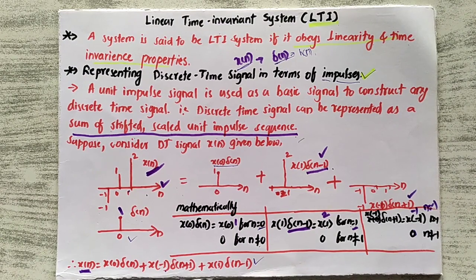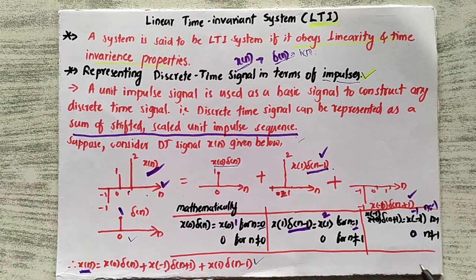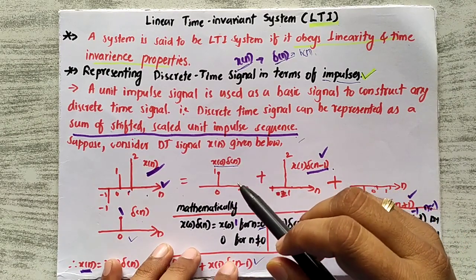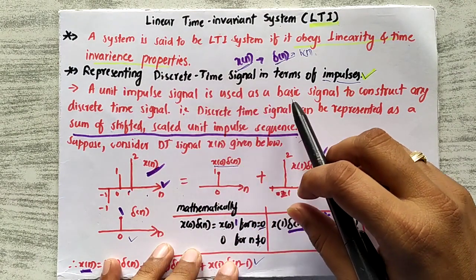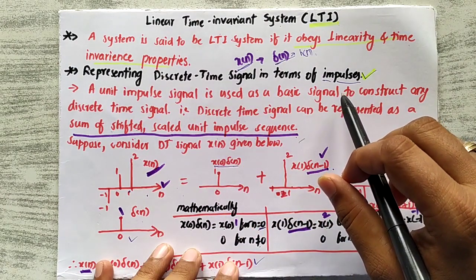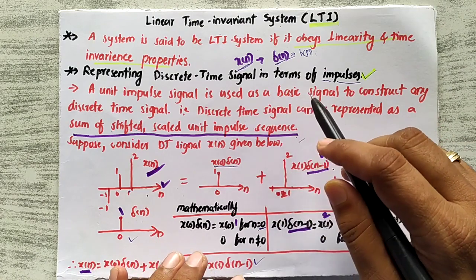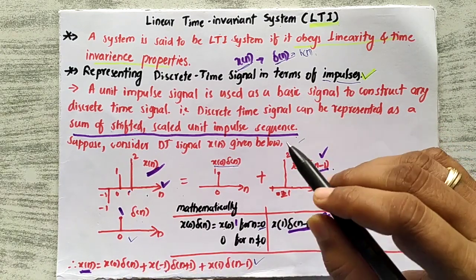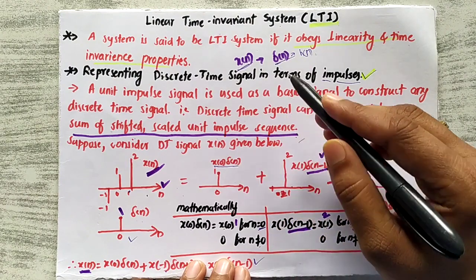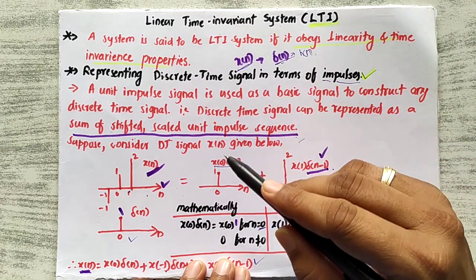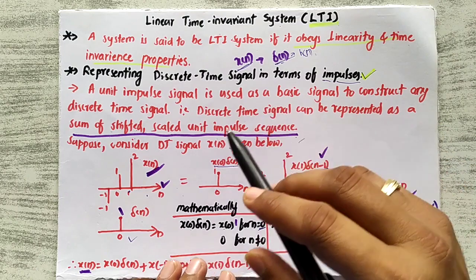So here the first point of discussion in this unit is about representing the discrete time signal in terms of impulses. By the statement you can understand any discrete time signal x of n can be represented in terms of delta n. So how can it be?